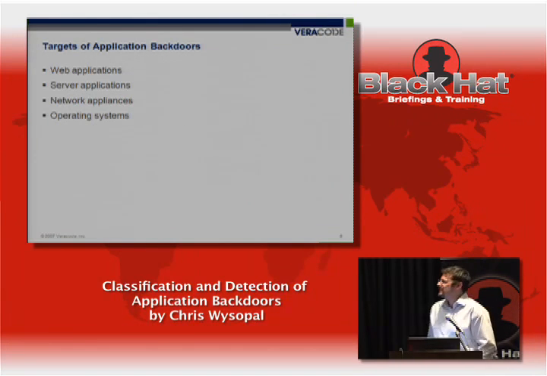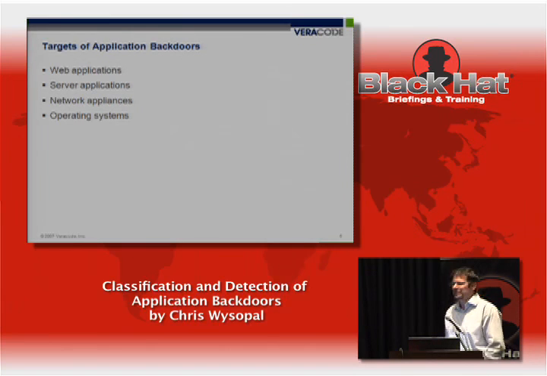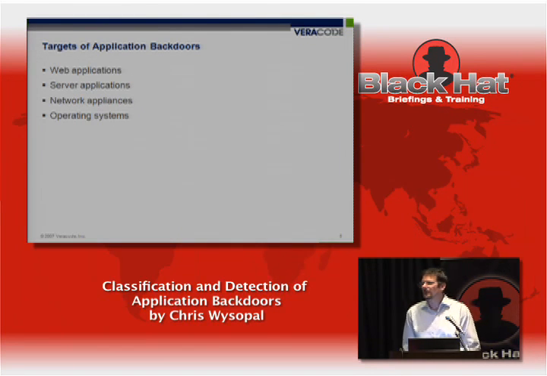So these are the typical targets we found when we did our research on where backdoors were discovered. Web applications, web servers, appliances, operating systems seem to be the major targets of choice for obvious reasons: software that's all connected on the network, and the person who knows about the backdoor can connect to the systems.